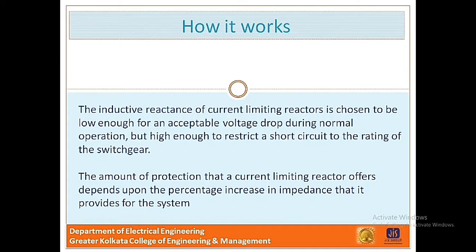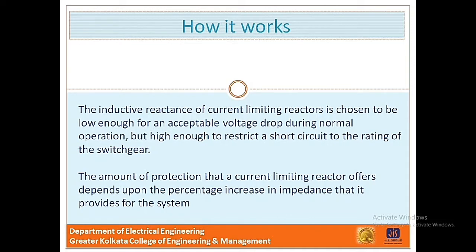Now, a current limiting reactor is used when the prospective short circuit current in a distribution or transmission system is calculated to exceed the interrupting rating of the associated switchgear. That means circuit breaker, relay.